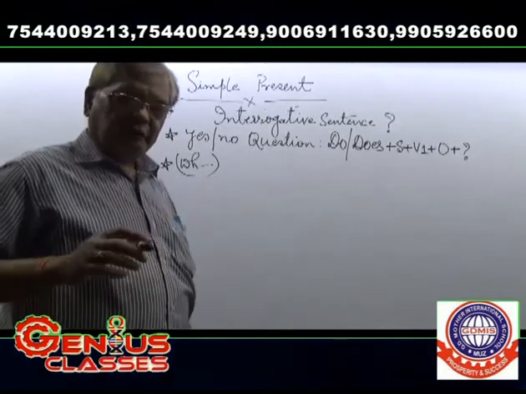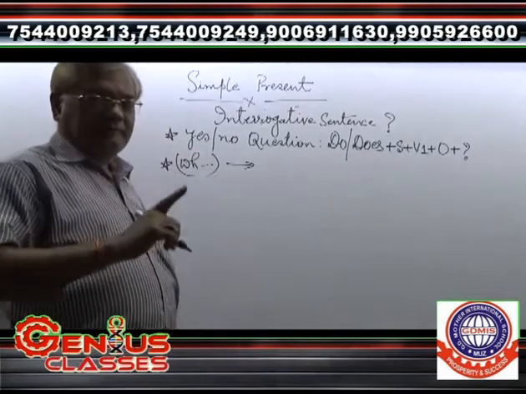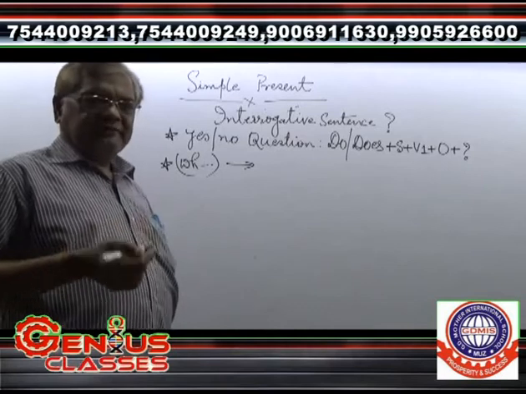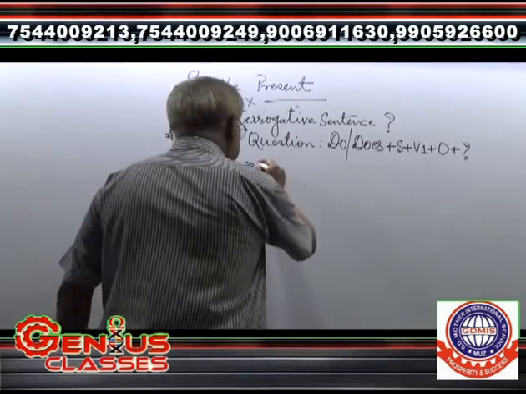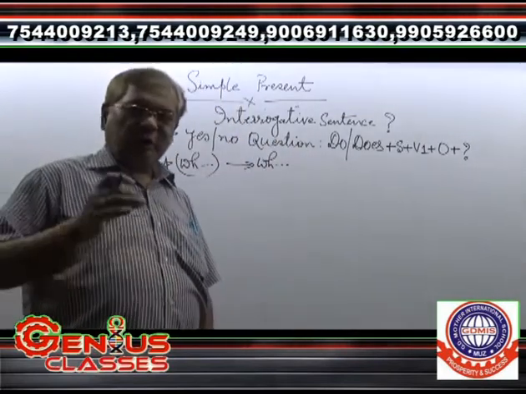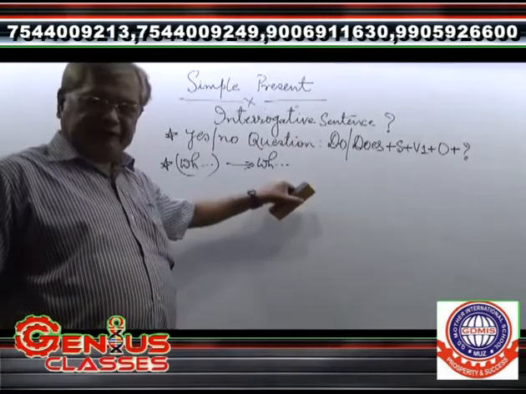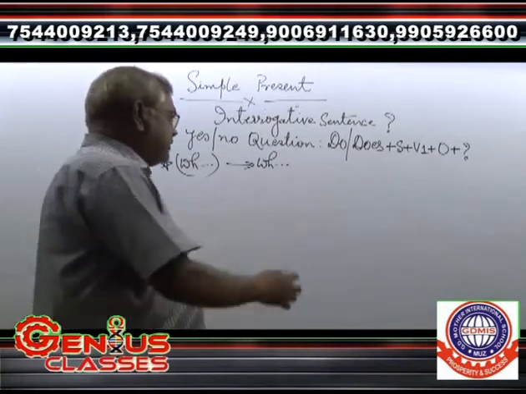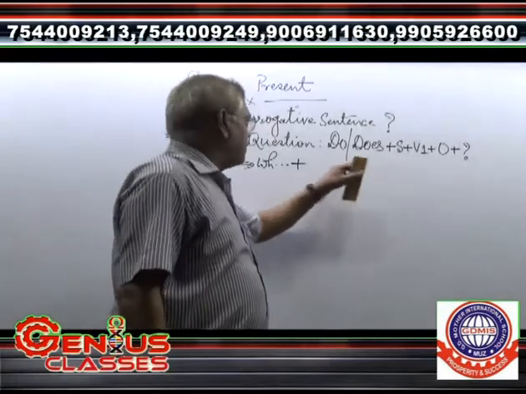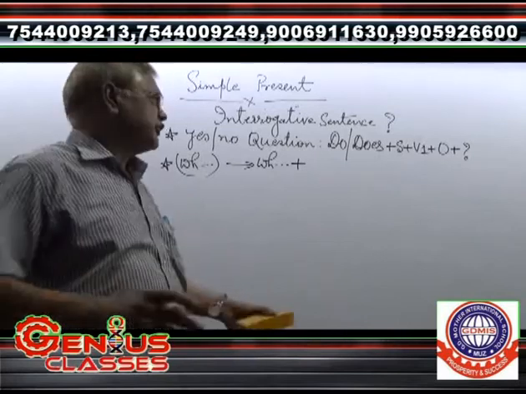For a WH question, what is the structure? First of all, the WH word should be given, whatever WH word you are applying: why, when, where, whose, how. Thereafter, the structure of the yes-no question is followed the same. There is no difference at all.